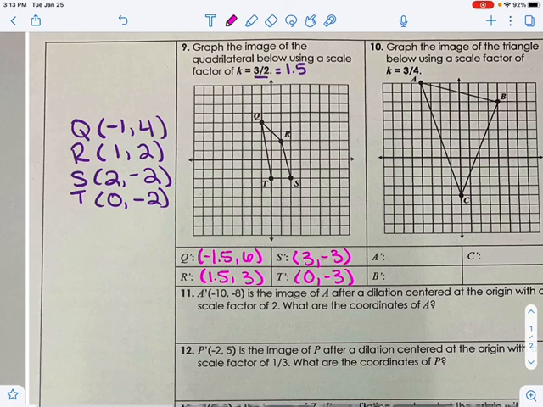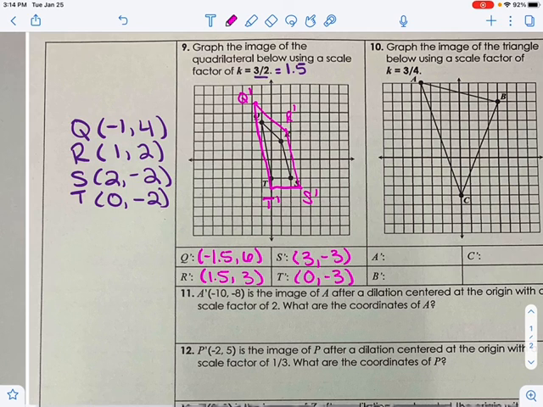So let's see here, Q. There's R prime, S, and T. And if you notice, our scale factor was bigger than 1, so it is slightly bigger.